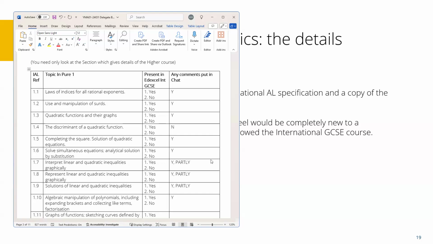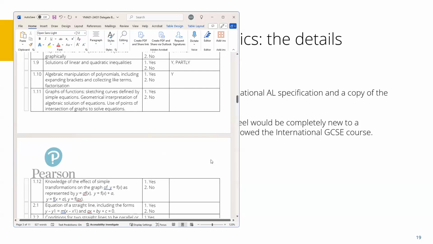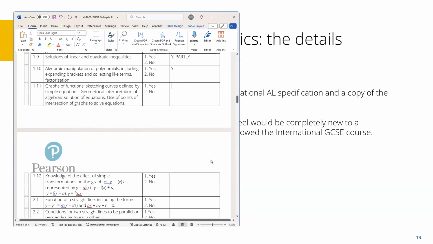So then if I move this slightly, graphs of functions, sketching curves defined by simple equations, geometrical interpretation of algebraic solutions of equations, use of points of intersection of graphs to solve equations. That one is a yes, but partly.